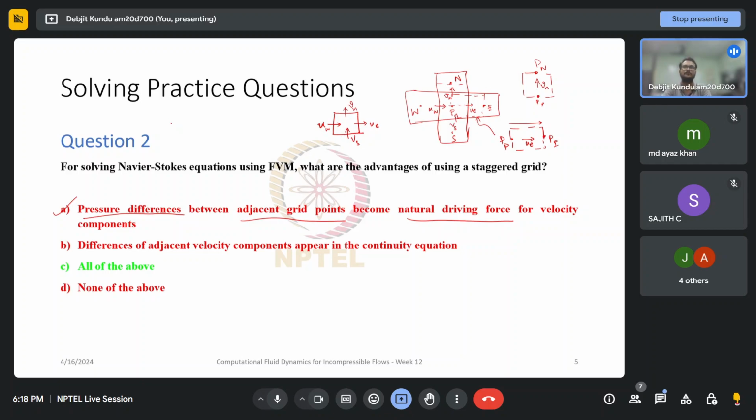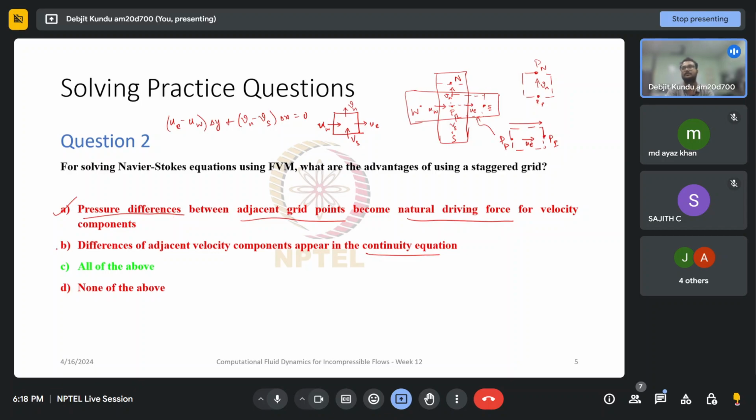Here the continuity equation would look something like this: (UE minus UW) into delta y plus (Vn minus Vs) into delta x being equal to 0. This makes more physical sense, right? Here is a control volume and all the velocity fluxes coming in are the ones going out. So that's how the continuity equation is satisfied.